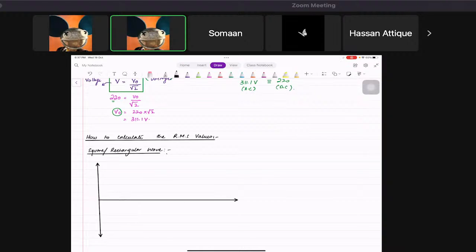So suppose the wave is given like that. So this is 0, this is 1, 2, 3, 4, 5, 6, 7, 8, and 9, right?